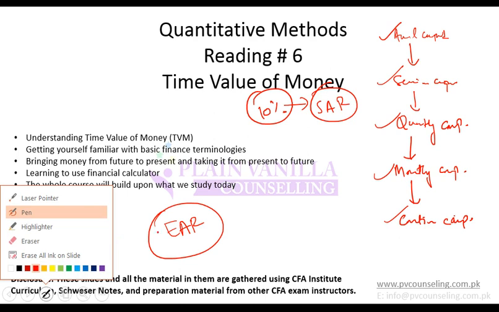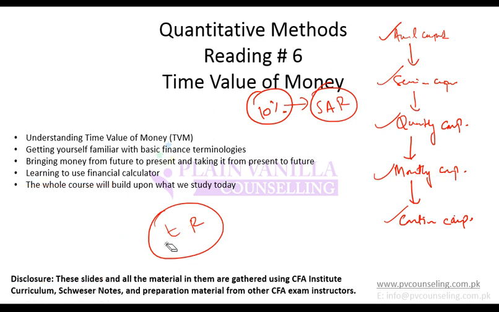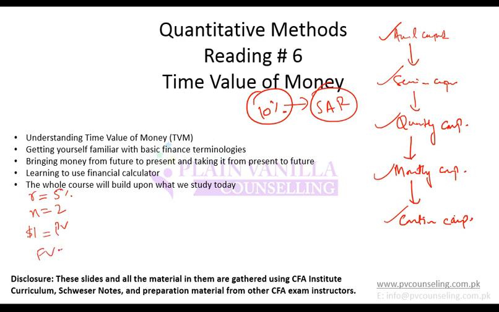So now the question is how do you actually calculate this EAR? Simply speaking, if you are told that SAR is 10% and it is semi-annually compounded, that means the return for every 6 months would be 5%, that is annual divided by 2. And that means the number of periods in 1 year will be 2. So if I invest $1 today, what will be the future value?